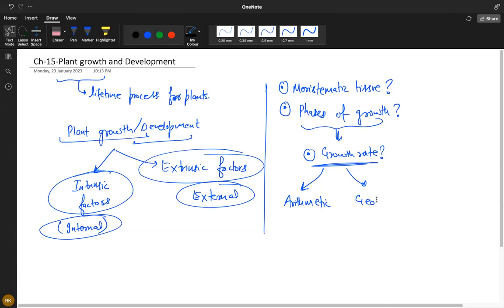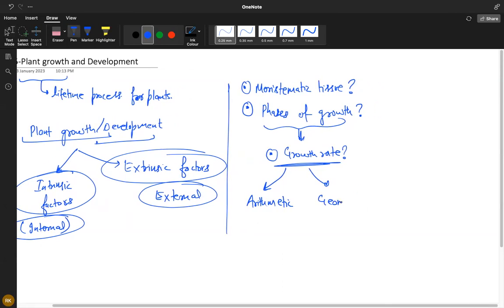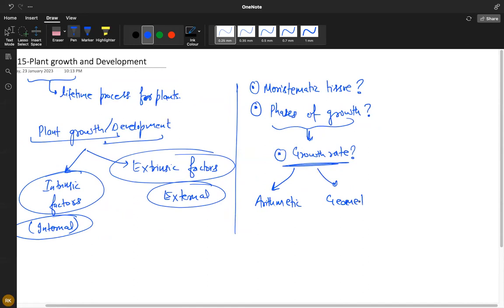So anyone knows the difference between these two terms, arithmetic and geometric? You must have studied it in your maths. So expansion in a geometric fashion or expansion in an arithmetic fashion, what does that mean? So arithmetic means if you start with 1, you give rise to 2.